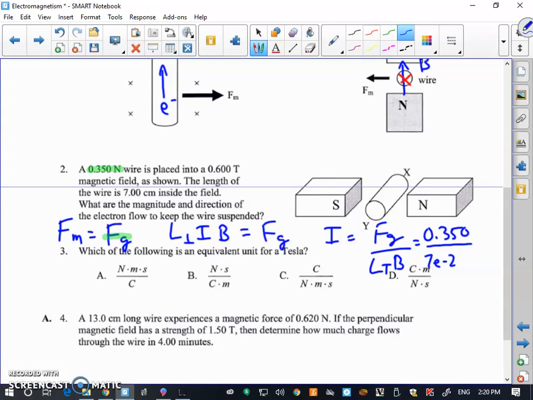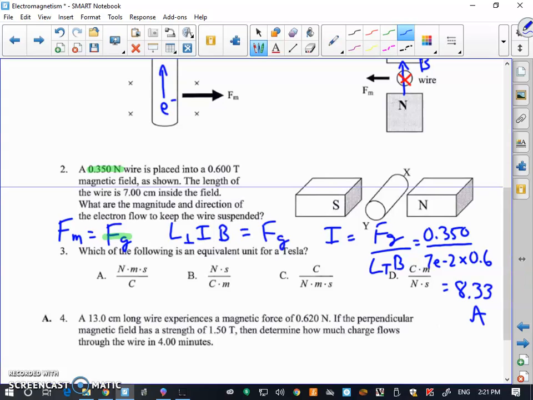And the magnetic field, 0.6. Sorry, I'm running out of space, so I'm just doing it like this, okay? All right, calculator time. I got 8.33. And in this case, it'd be amperes.